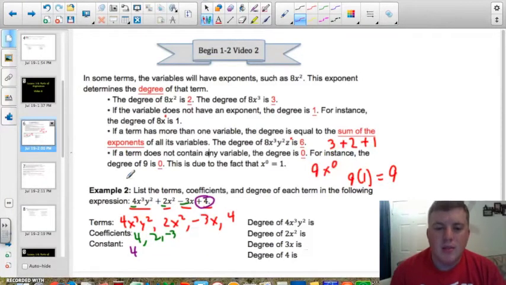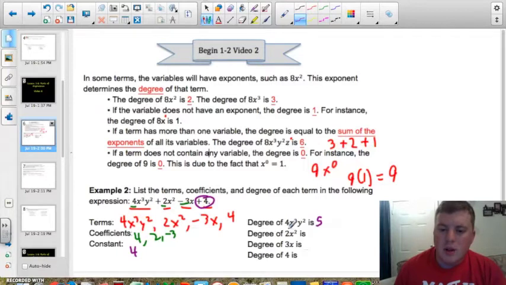Now, if we were asked to give the degree of these individual terms, notice how each one is separated with a plus or minus. So we aren't going to combine all the exponents together, just the ones in each term. If we look at the first term, 4x cubed y squared, we have an exponent of 3 and an exponent of 2. We add those together and get 5.